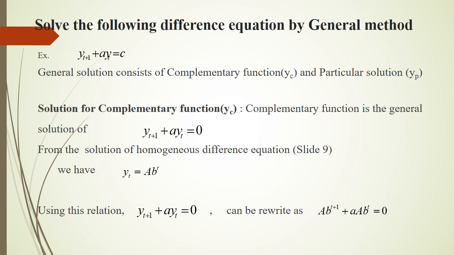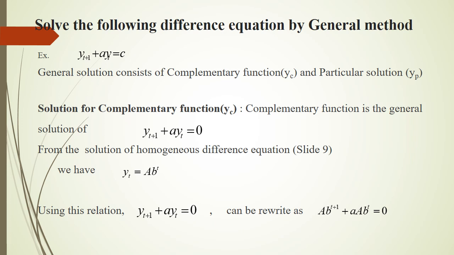So what is the solution? y(t) = A b^t. First of all, put this relation in y(t+1). You just increase the t value by adding 1. So for t+1, it will be A b^(t+1). I have written it here, you see the last equation in this slide: the first part of the equation is A b^(t+1).